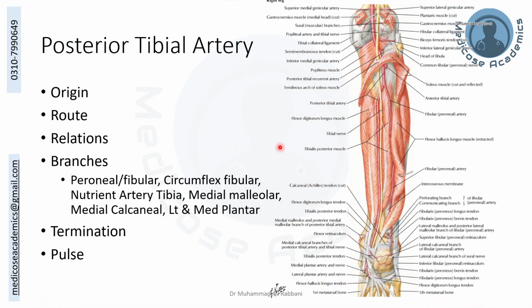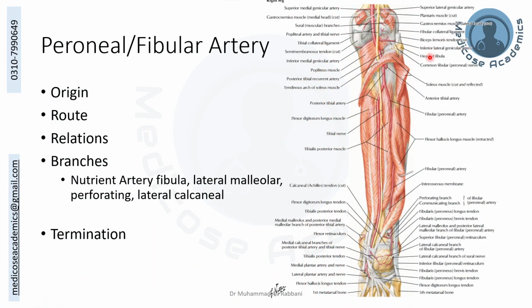Let us move back to the peroneal or fibular branch. This is the branch that is given as it enters the deep compartment. It is a branch of the posterior tibial artery. It runs down under the cover of flexor hallucis longus, sometimes inside the muscle also.